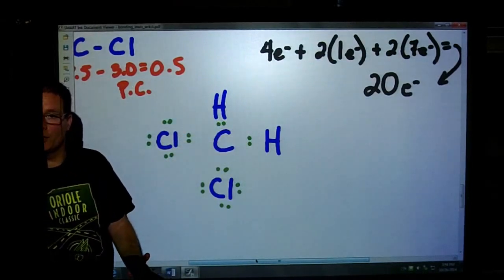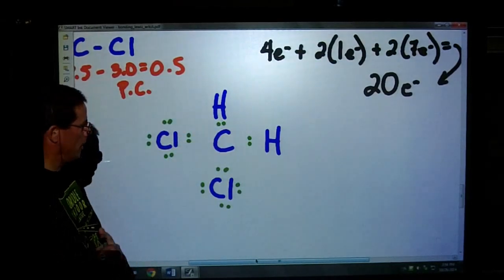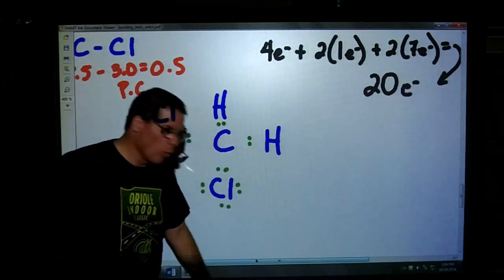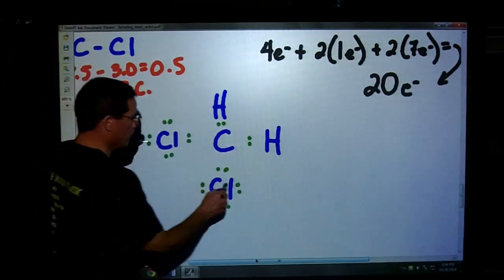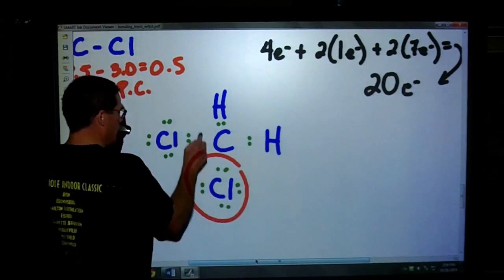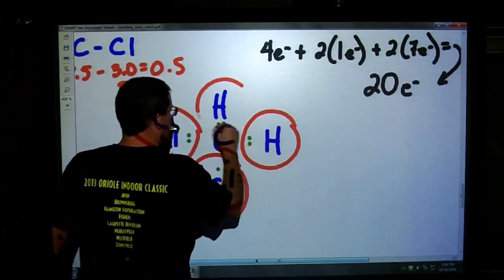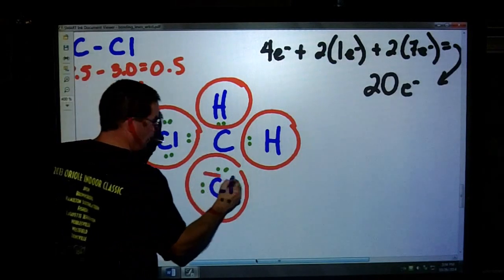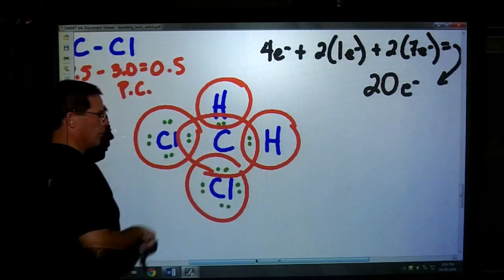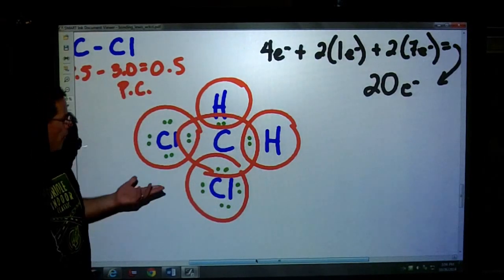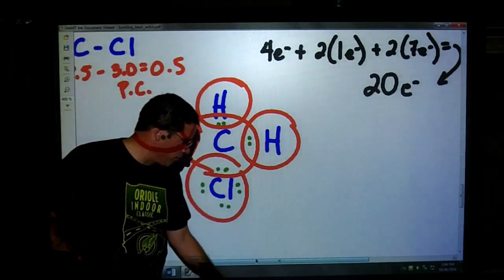We have all the electrons that we're supposed to have on this compound. Does everybody have what they want? Pretty good. So we have 8 electrons there. We have 8 electrons there. Hydrogen only wants 2. And the carbon, looky there, has its 8. So everybody's happy.